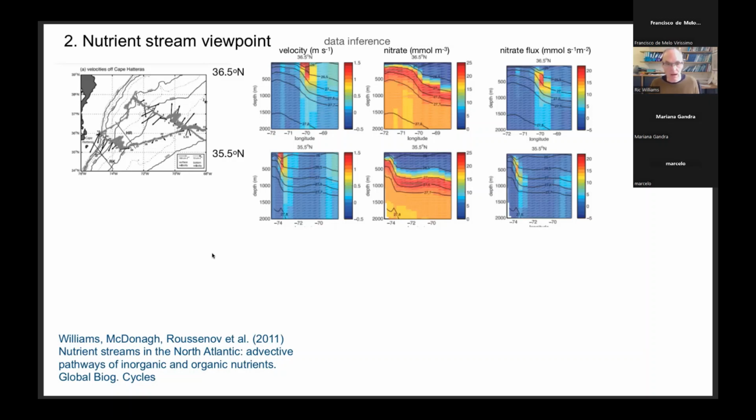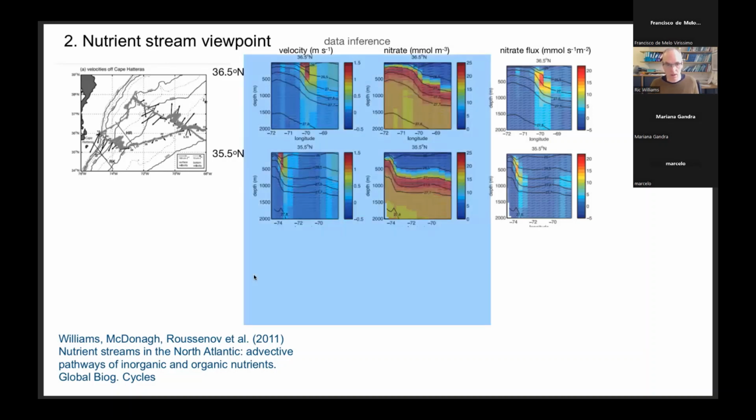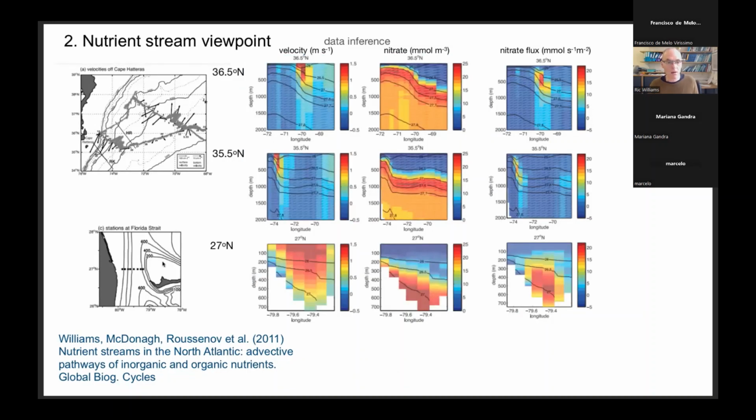If we look upstream, and we do a similar section at Florida Strait, you can see the same signal there, that this is the nutrient stream at Florida Strait, where the nutrients in densities denser than 26.5 and 27 are being carried by this boundary current.